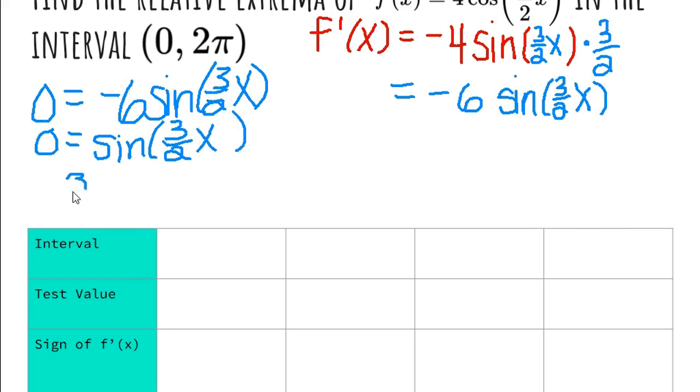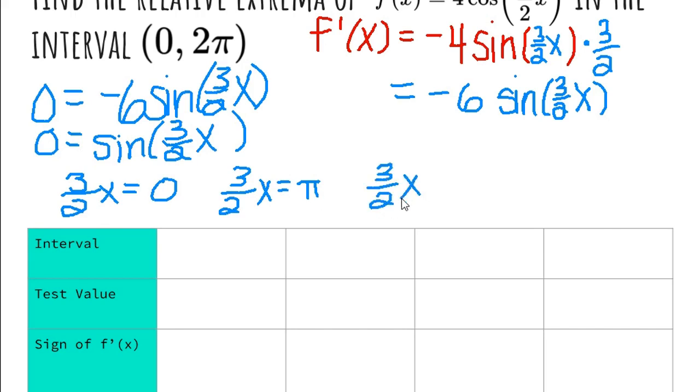That means 3/2 x could equal 0, sine is 0 at pi, and then I might need to keep going. So that could be 2 pi, and I'm going to wait to see if I have to keep going.